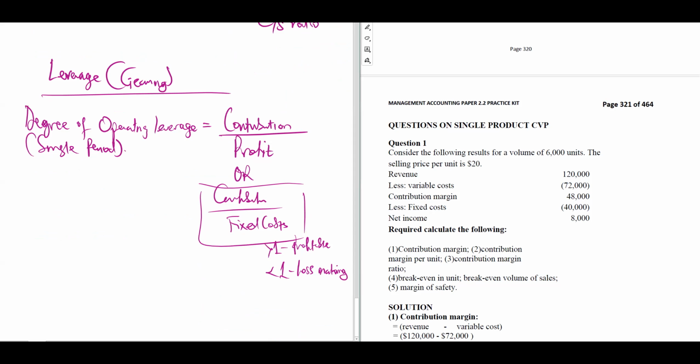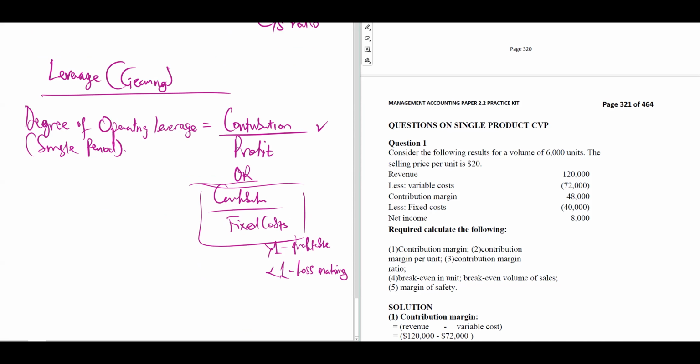Okay, there are many ways we calculate operating leverage. Now, this is a simple methodology of getting operating leverage, which is your contribution over your profit. And this tells us that, assuming fixed costs were fixed, by how much must sales change for you to make maximum profit? That is what operating leverage means, taking advantage of fixed costs in your business to still make profit. So whichever way you go, your examiner will mark it for you.